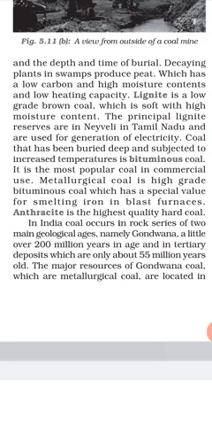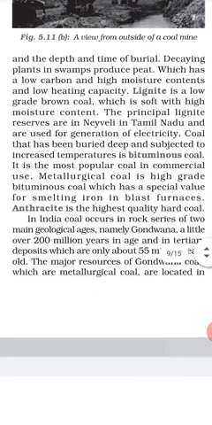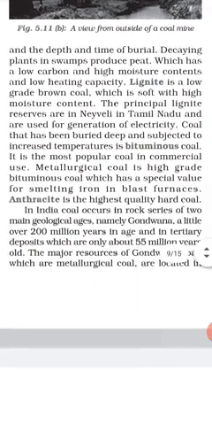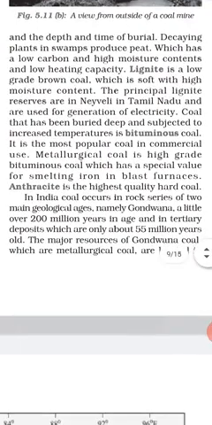The second one is lignite. It is a low grade brown coal which is soft with high moisture content. The main lignite reserve in India is Neyveli in Tamil Nadu, and it is used to generate electricity.